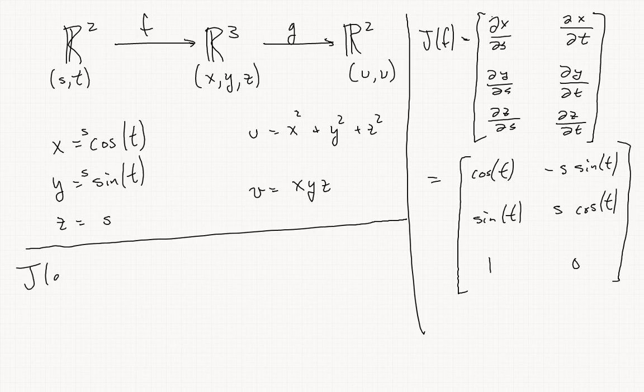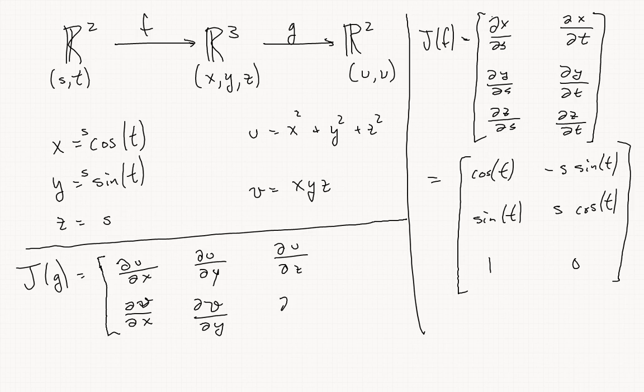Then the Jacobian of G will be del U over del X, del V over del X, del U over del Y, del V over del Y, and del U over del Z, del V over del Z, which we're running out of space.